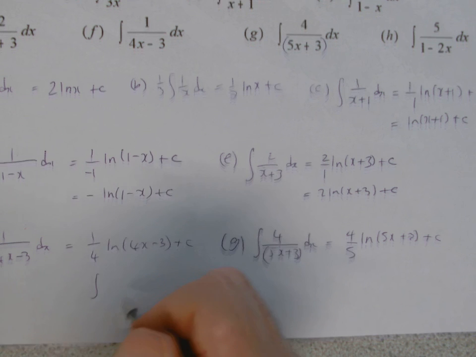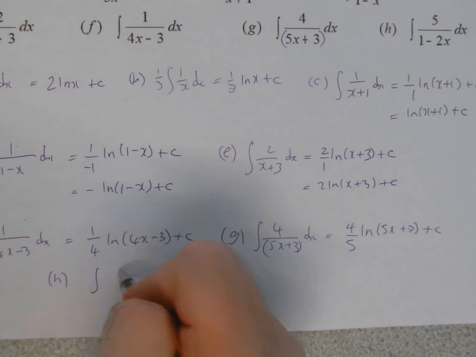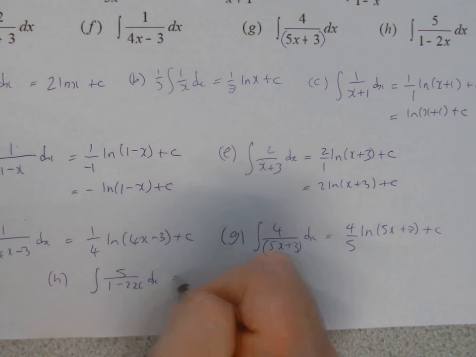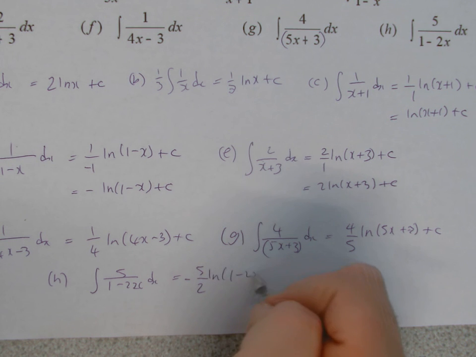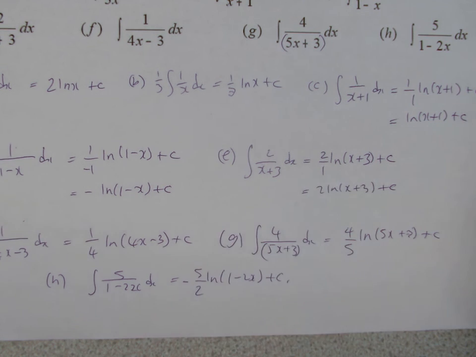And then the last one here, h. With h, you've got 5 on the top, and you've got minus 2 next to that x, so I maybe put the minus there, ln then 1 minus 2x plus c. Job done.